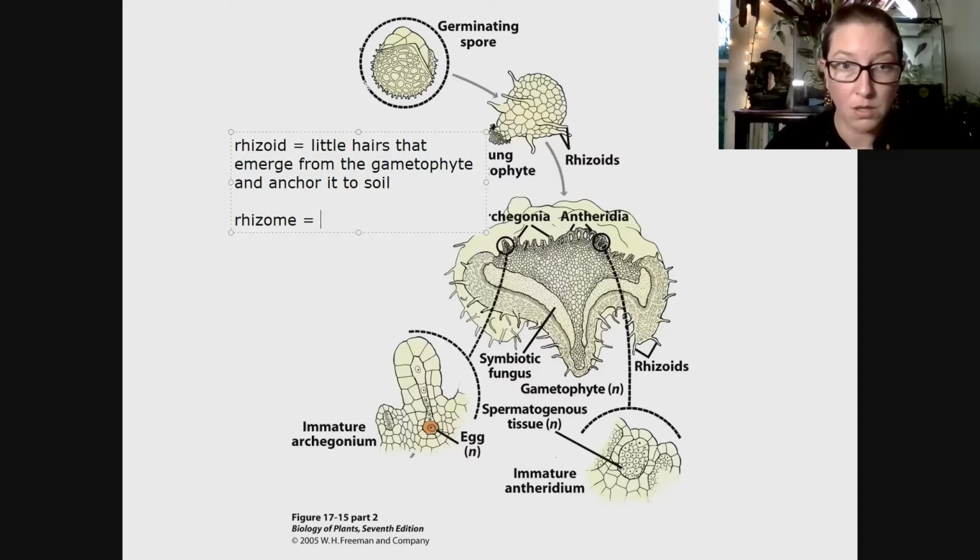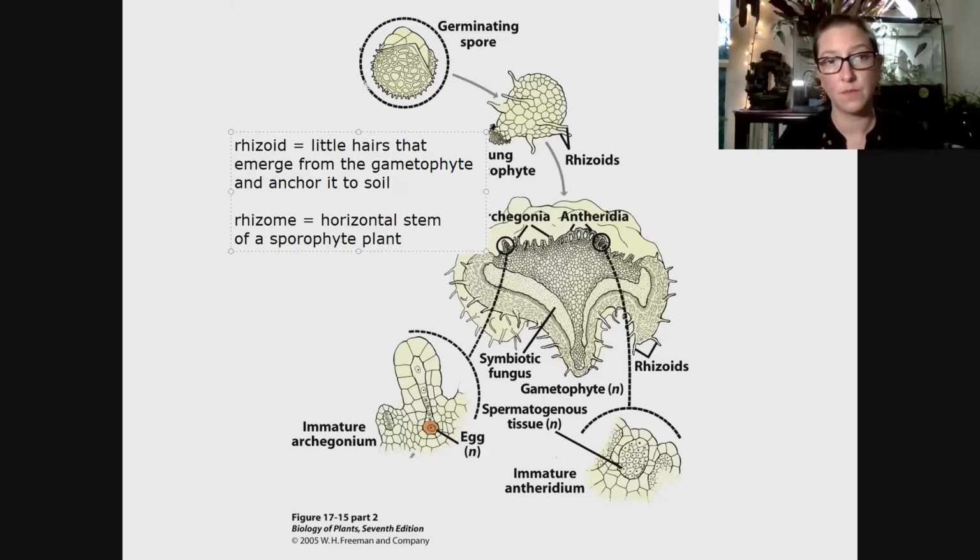Rhizome, horizontal stem of a sporophyte plant. Don't get these 2 terms confused just because they start with the same 3 letters, okay? Sometimes that trips students up.